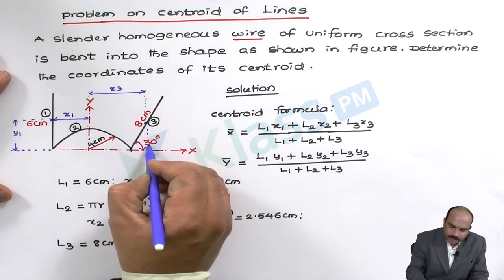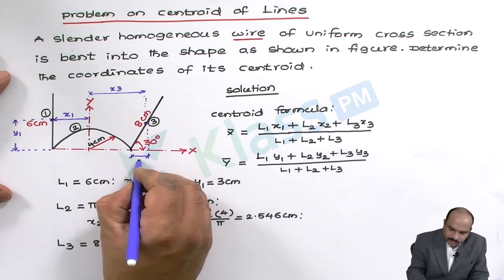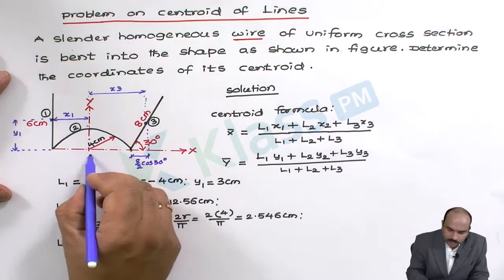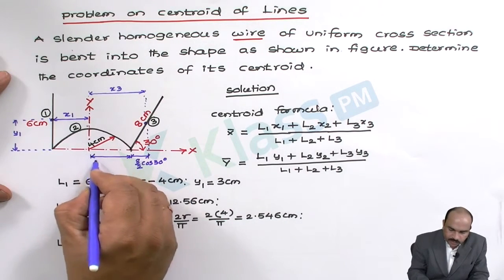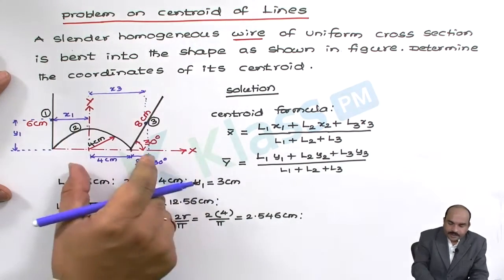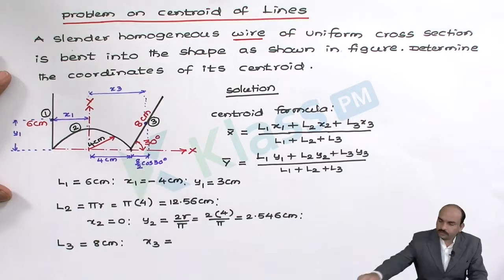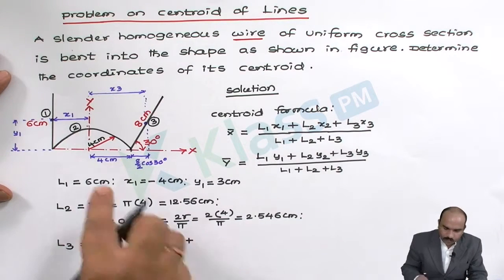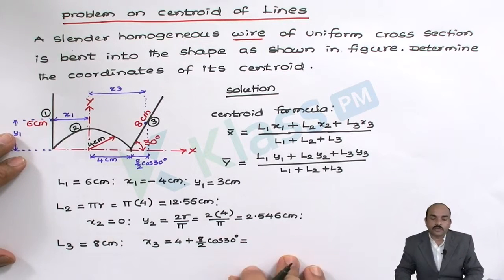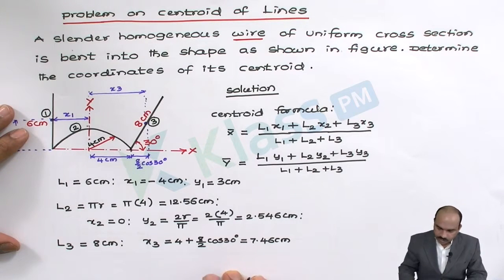But we know for the inclined line, this length is a by 2 cos theta, that is 8 by 2 cos 30 degrees, and this length is 4 centimeters. So the total distance x3 is 4 centimeters plus 8 by 2 cos 30. Now this value we get by calculation as 7.46 centimeters.